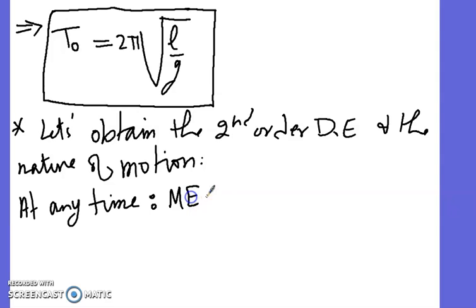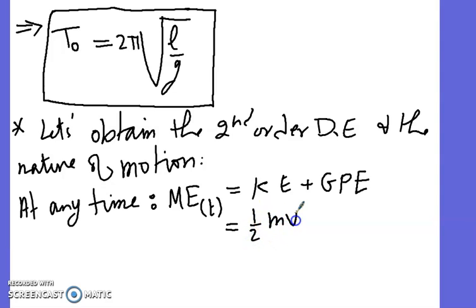At any time the mechanical energy is kinetic energy and potential energy. Here gravitational potential energy. Now for a particle, half mv squared, right? Also you can say, some students say, because we have circular motion, I can say half I theta prime squared.